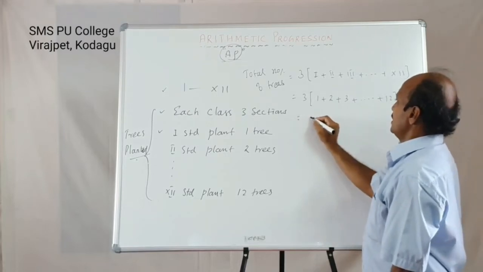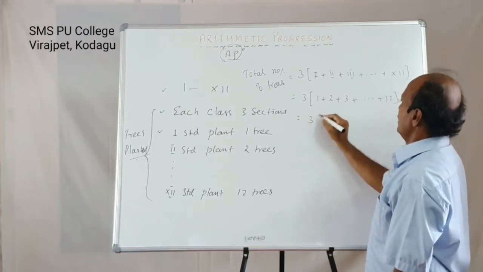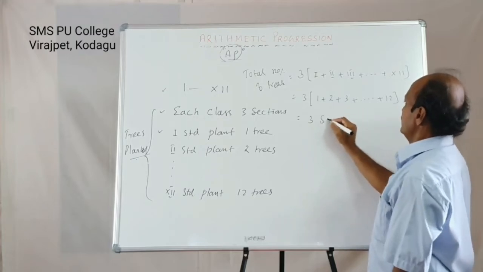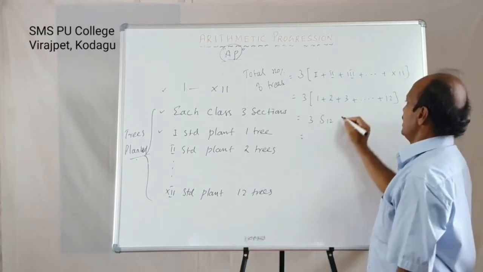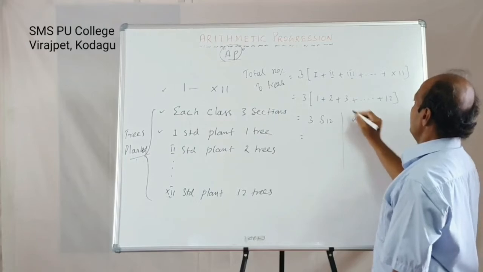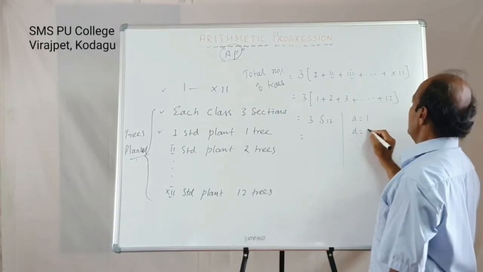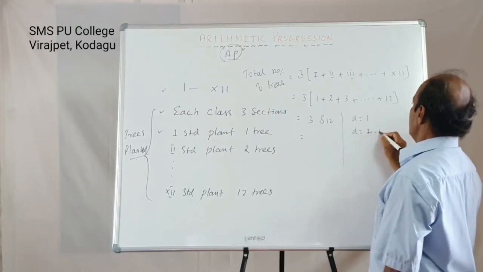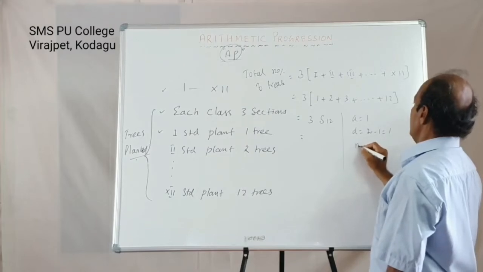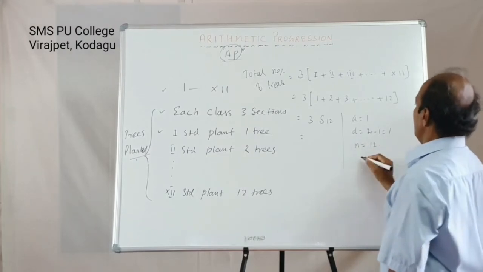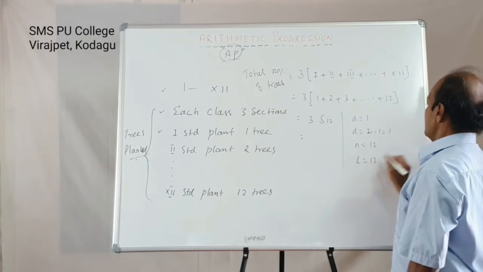Now we have to find the sum of 12 terms. Here, what is the value of A? The value of A is 1. The value of D is 2 minus 1, that is nothing but 1. And the N value is 12, or the L value, you can take it as 12.